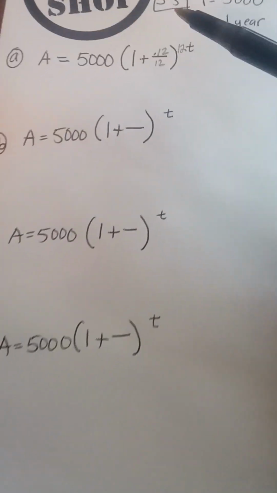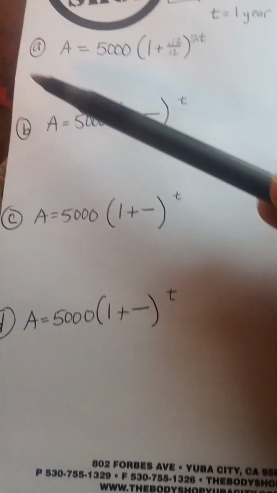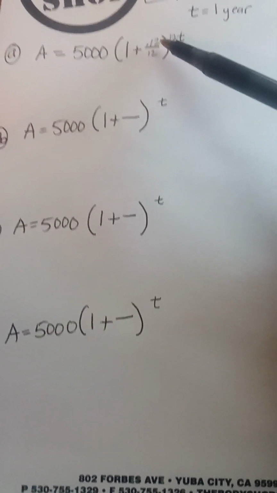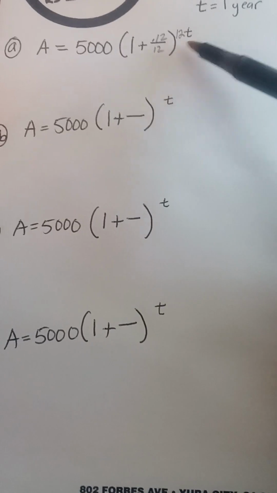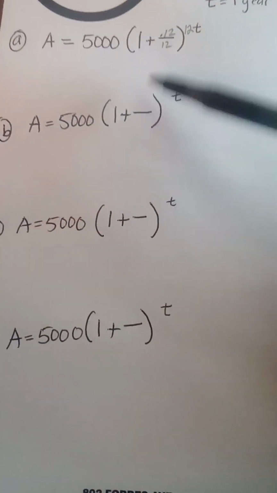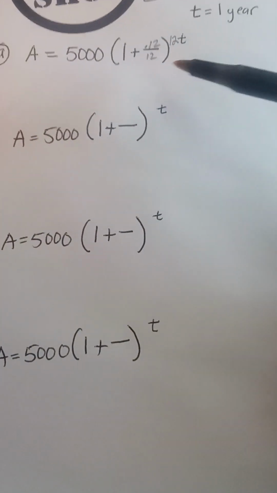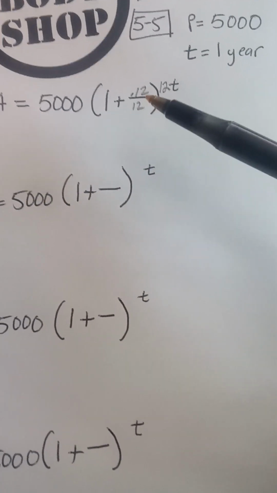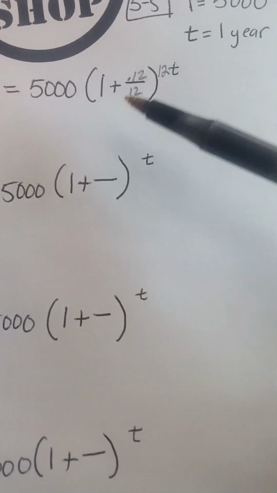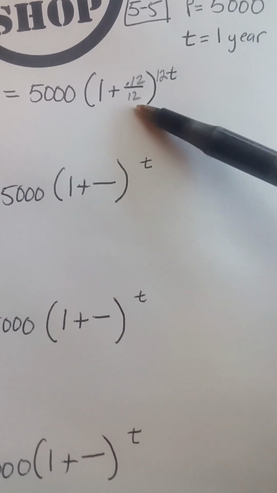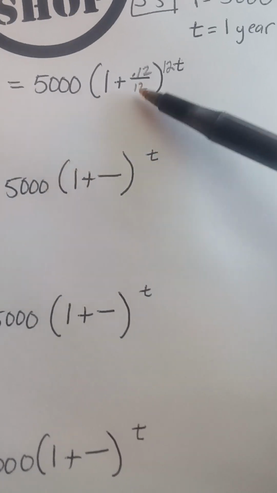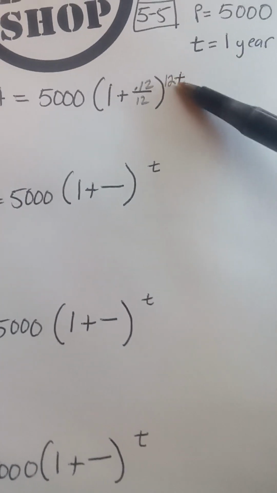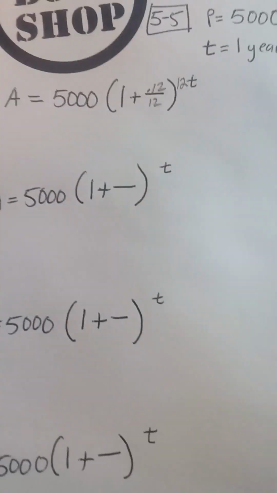I already wrote A equals P times 1 plus r over n, to the nt, for all of them, just made blank ones, and then I'm going to plug the numbers in. I already plugged the first number in because it said it was 12% interest, which is 0.12. And n was 12, since it's monthly. And t's just 1, so really I didn't have to write t there. I wrote it in pen, so I can't erase it.